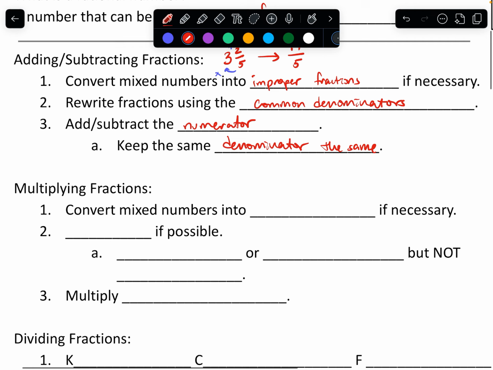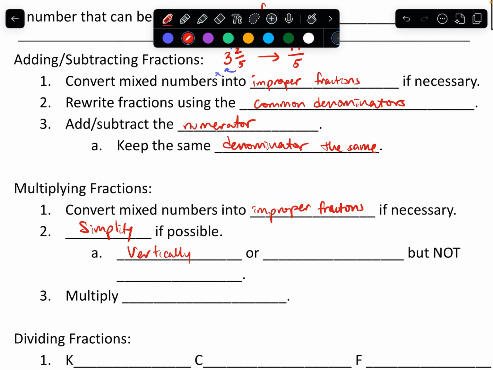Multiplying fractions is pretty straightforward. Step 1 is you convert mixed numbers into, once again, improper fractions if you need to. Then I would simplify first if possible. What I mean by simplifying first is you can simplify vertically, up and down.